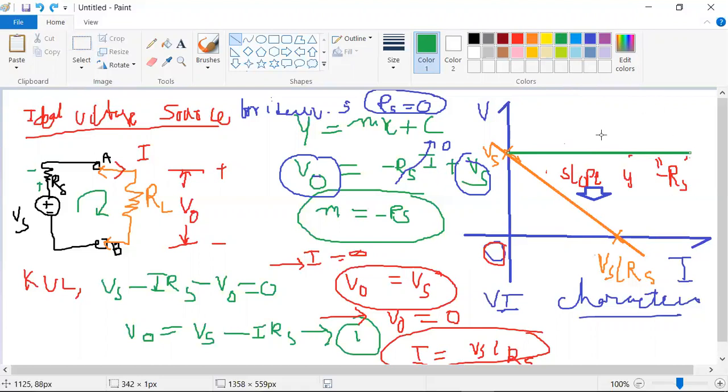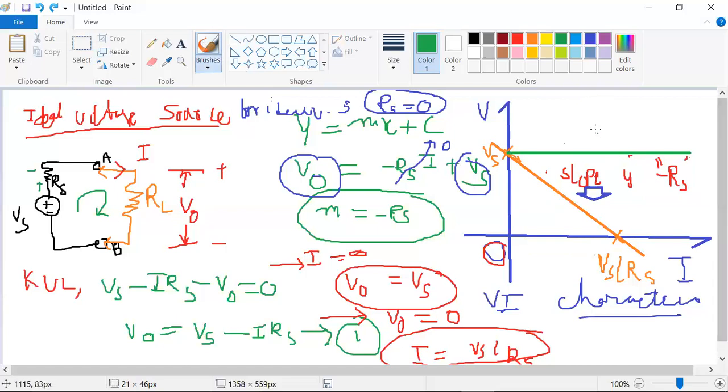Whatever the value of current changes, because the internal resistance is 0, there is no voltage drop. Instead of changing, if you increase the current from 0 to infinity, the value of voltage is constant. That is called the ideal voltage source.